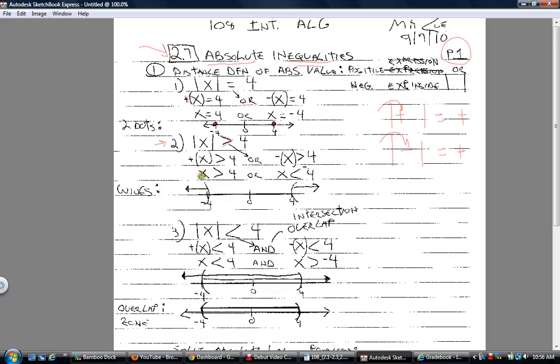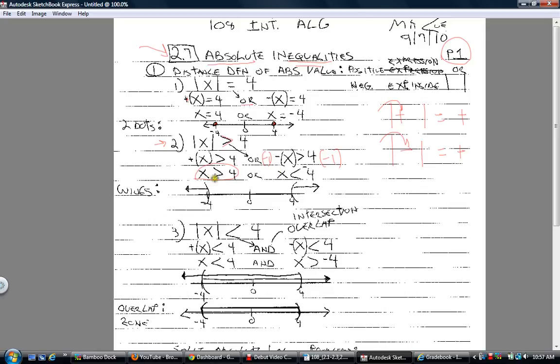And now you've got x is greater than 4. That's pretty straightforward. Over here you've got negative x greater than 4. You have to solve for a positive x, so you always multiply by a negative 1. I apologize about that. Negative 1, and therefore x is less than negative 4.